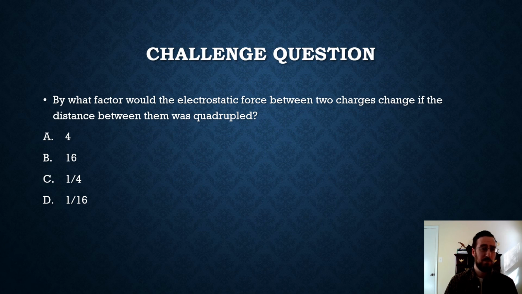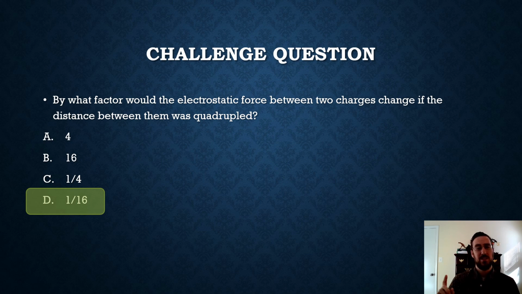Time for a challenge question. By what factor would the electrostatic force between any two charges change if the distance between those two was quadrupled? Were you going to wait for me to say it, or are you going to actually think about it? If you said 1 over 16, you'd be correct.